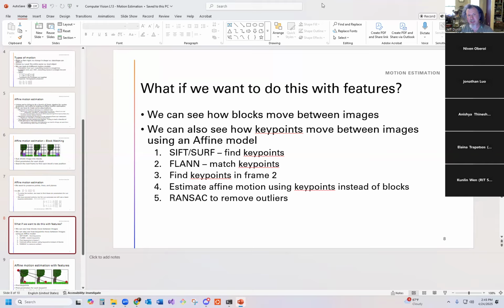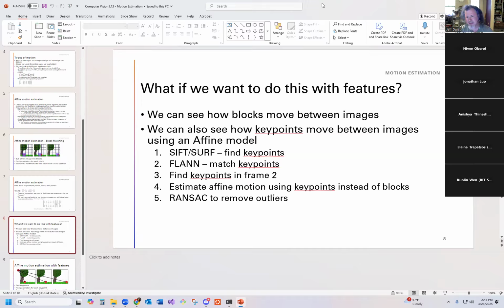And then we want to use FLANN to match our key points. And then we just look for those same key points in the second frame. And we say, key point 1 moved to this position in frame 2, and then it moved to this position in frame 3. And we can much more easily and faster back out how those key points are moving.